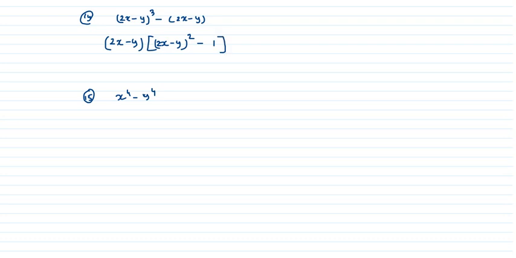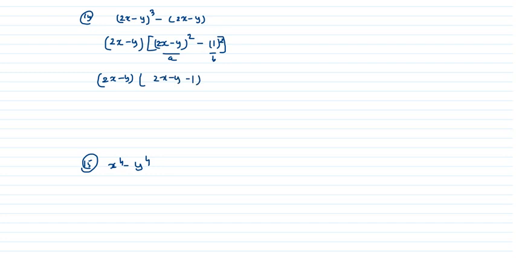Now here, same thing you have to apply: 1 means (1) whole square, so just write it down, 2x minus y. Okay, this is my a, this is my b, a square minus b square, so that means (2x minus y minus 1), then (2x minus y plus 1). So this is your answer.